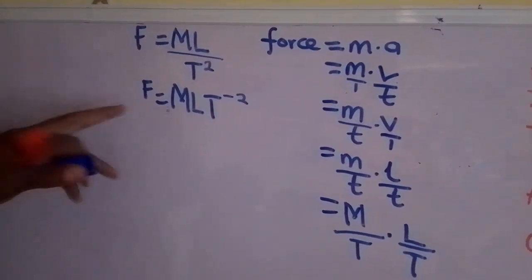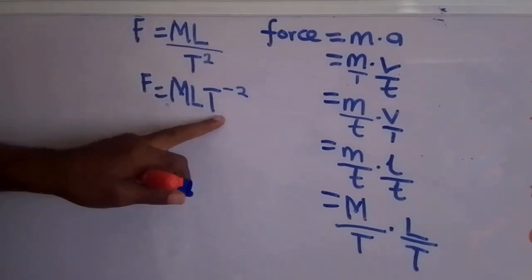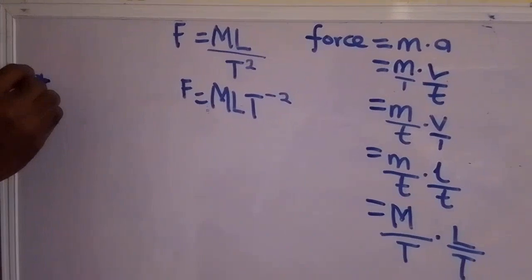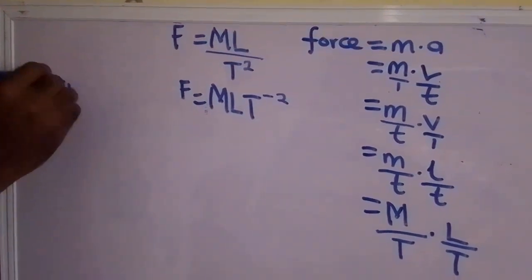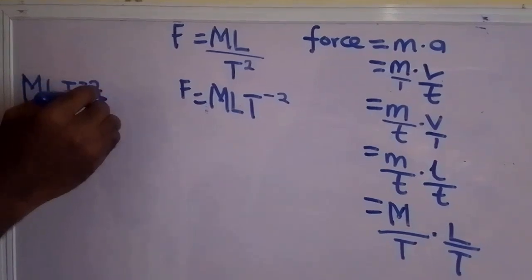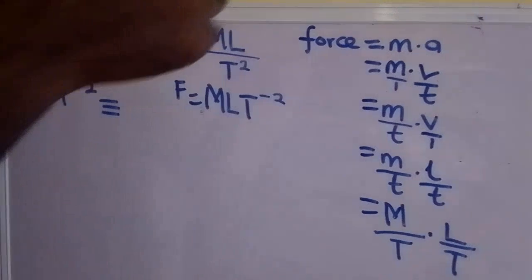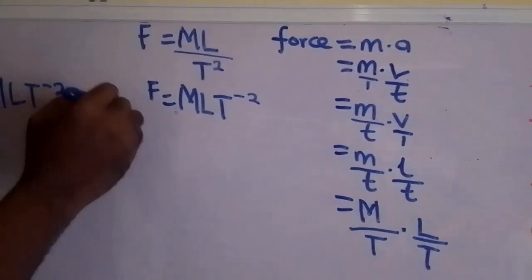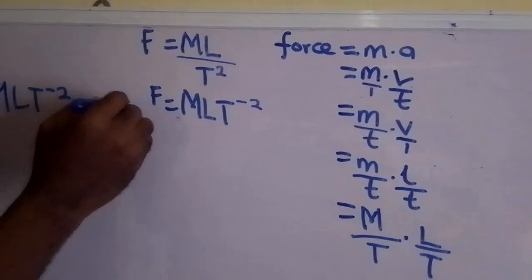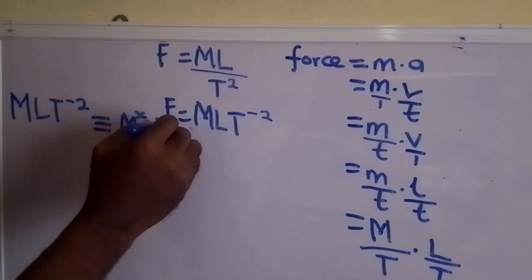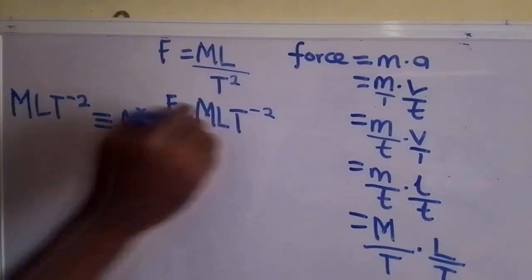Okay, now we've gotten the dimension of force. So dimension of force, M L T raised to power minus 2, should be equivalent to, look at the one they gave us in the question. They said it is M raised to power x, L raised to power y, and T raised to power z.